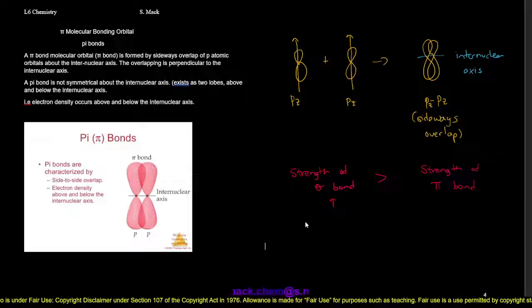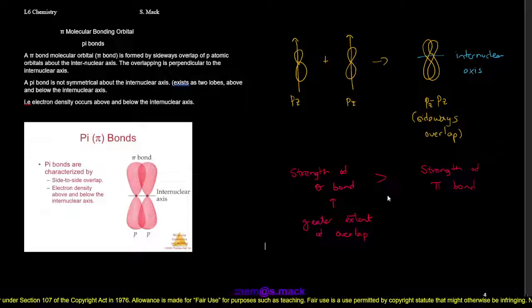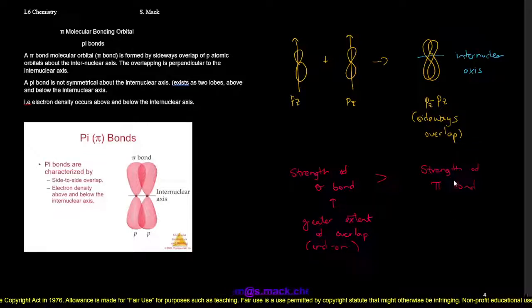And this is because there is a greater extent of overlap in the formation of a sigma bond, and this is true end-on overlap, versus the pi bond where we have sideways overlap.